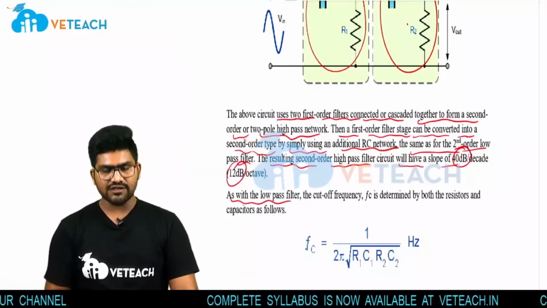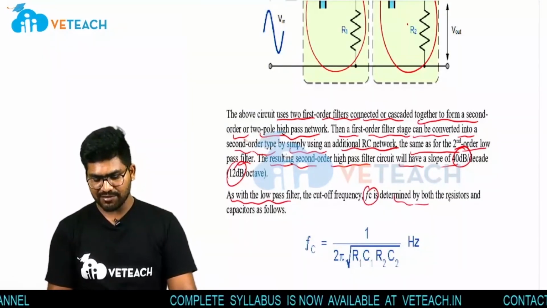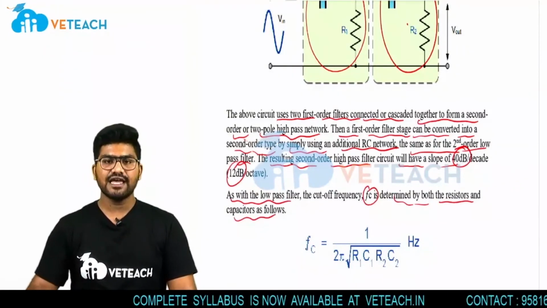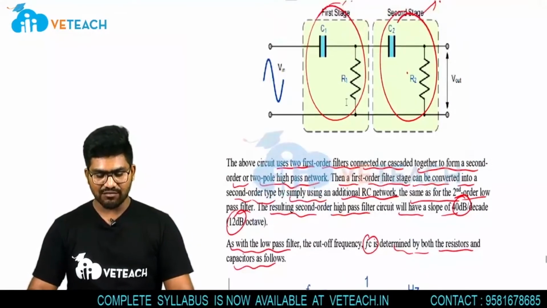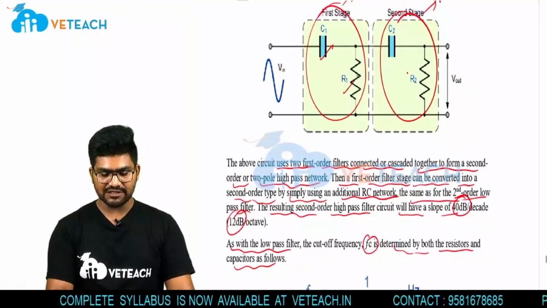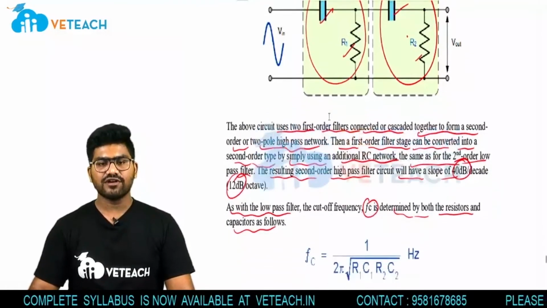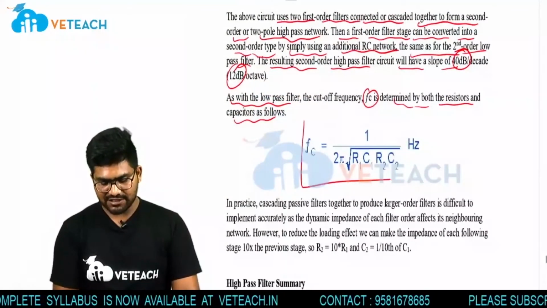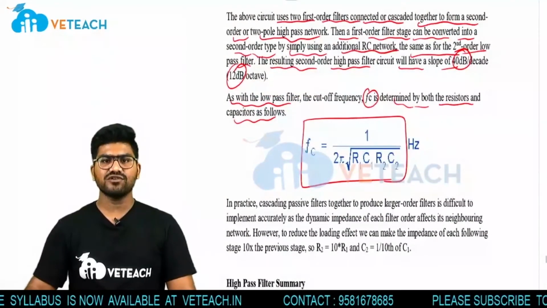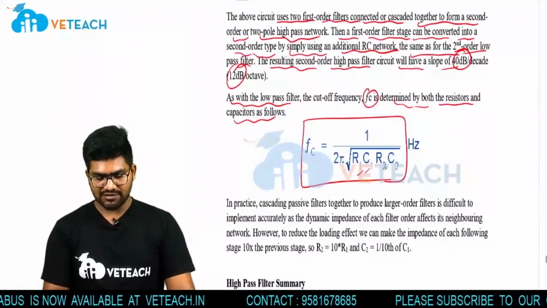As with the low pass filter, the cutoff frequency Fc is determined by both the resistors and capacitors. Taking both stages, the cutoff frequency formula is Fc equal to 1 by 2 pi into square root of R1C1R2C2.